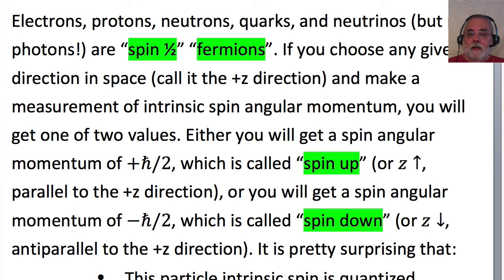Either you will get a spin angular momentum of plus h bar over 2, which is called spin up or z plus, parallel to the plus z direction, or you will get a spin angular momentum of minus h bar over 2, which is called spin down or z down or minus z, antiparallel to the plus z direction.